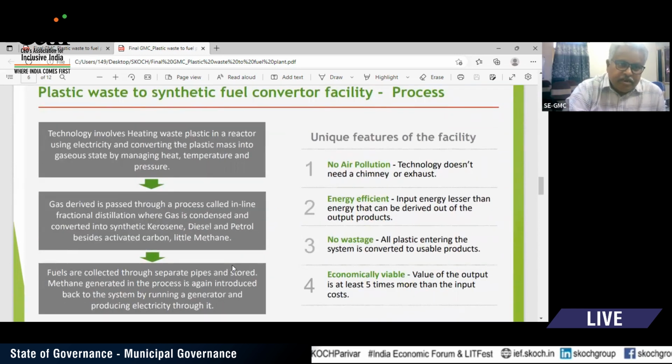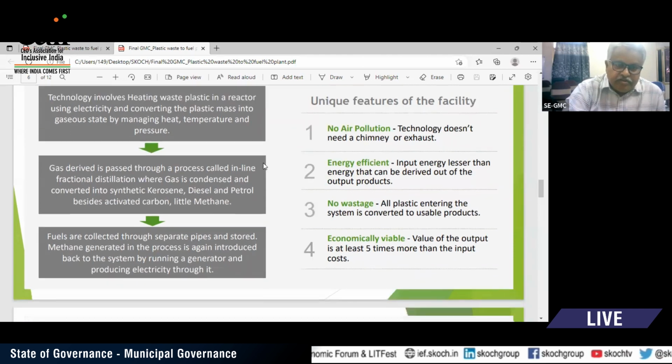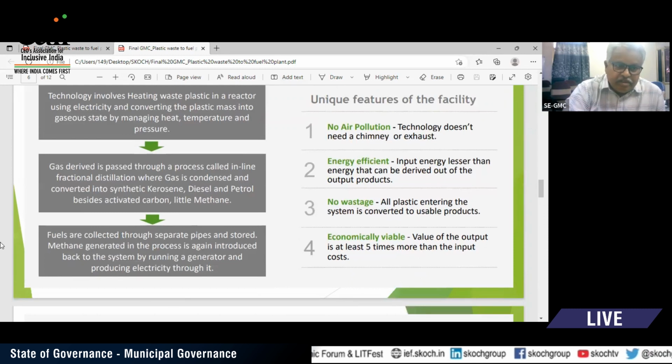Sir, regarding the technology, it involves heating of waste plastic in a reactor using LCT and converting the plastic mass into a gaseous state by managing heat, temperature, and pressure, sir. So there is no burning in this, sir.